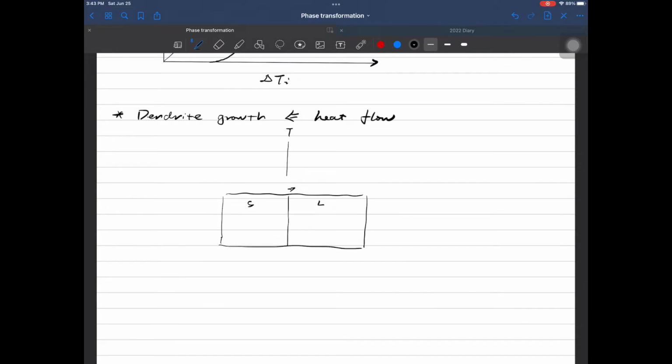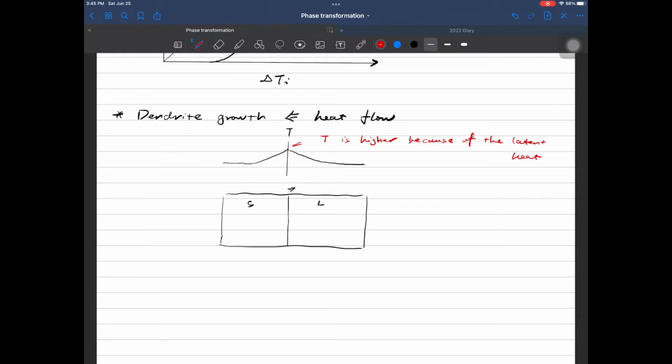One very important thing is that temperature is not uniform in the system. The bulk solid phase and liquid phase are at a lower temperature compared to the region adjacent to the interface. This is because as the liquid phase turns into the solid phase, an excess amount of heat will be released as the latent heat. This heats up the material locally, but will eventually be conducted away by the system.